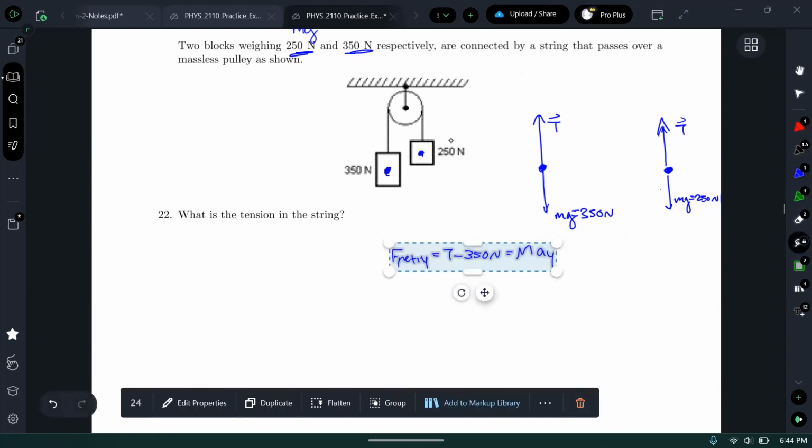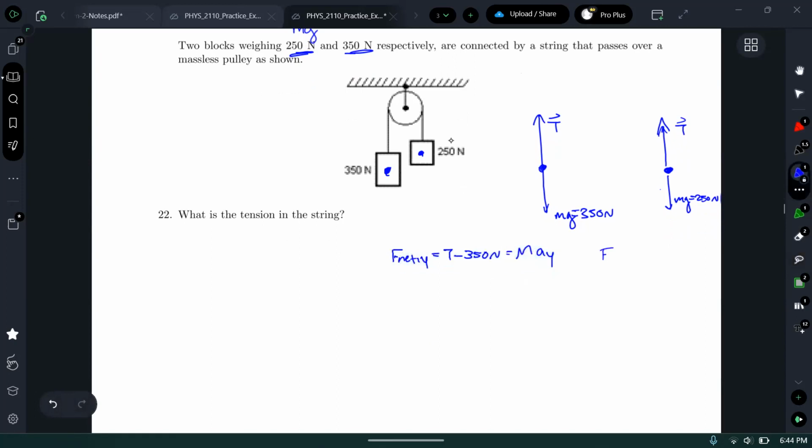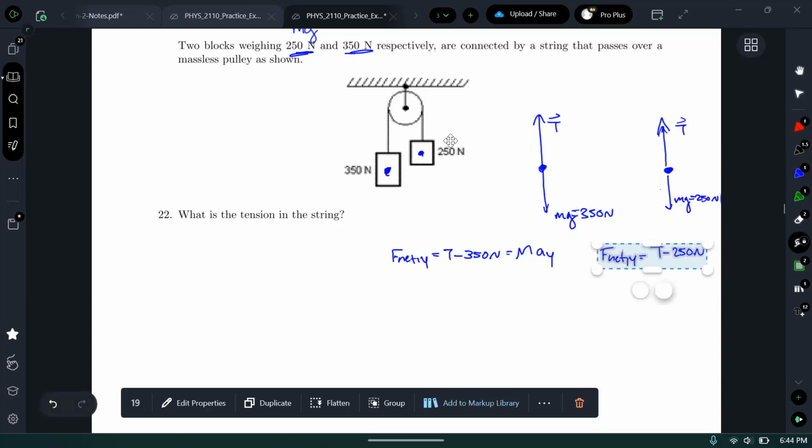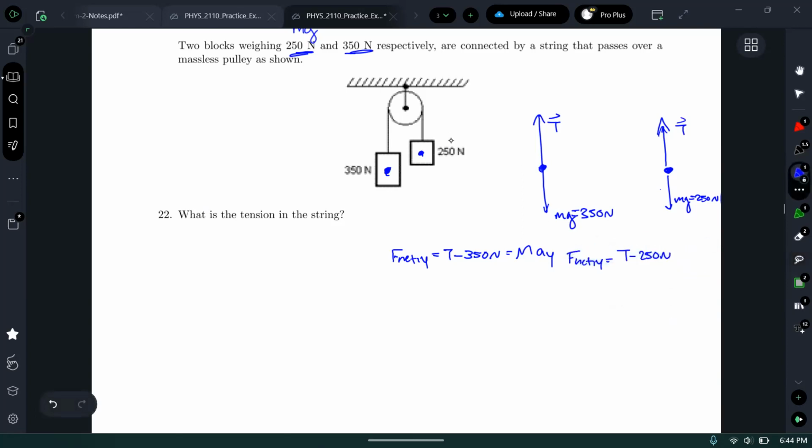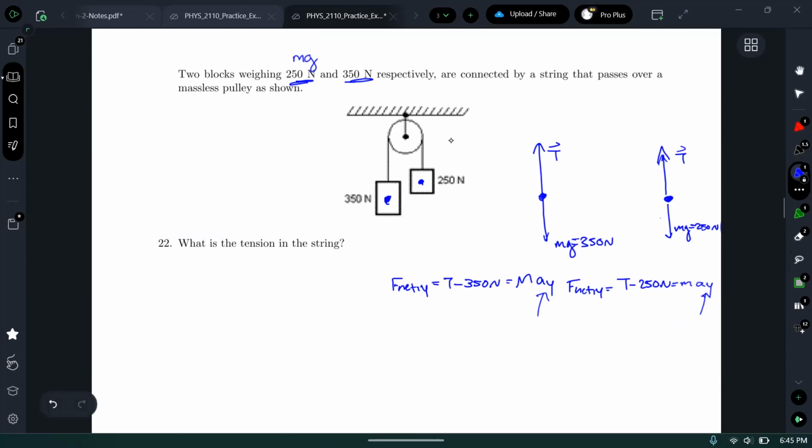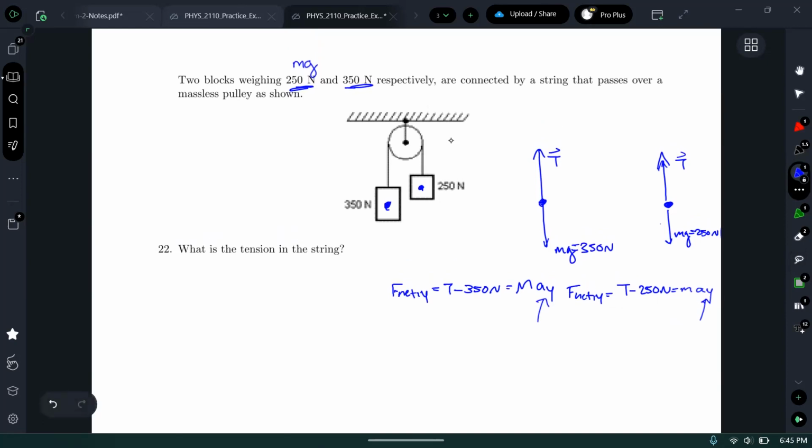And for the little block, it is tension minus 250 newtons equals little m times its y acceleration. And these are not necessarily the same number. I don't want to go too crazy with subscripts, but I just have to remember the first one is the acceleration of the big block. The second is the acceleration of the little block.